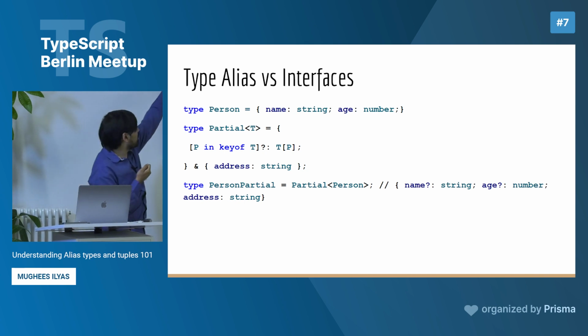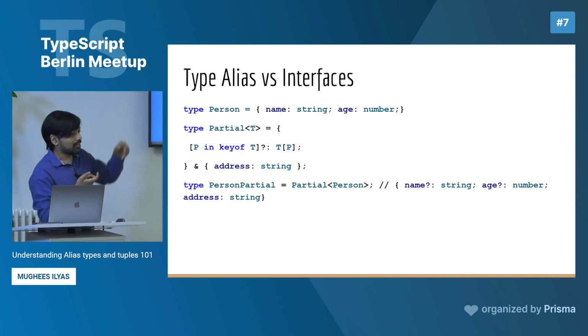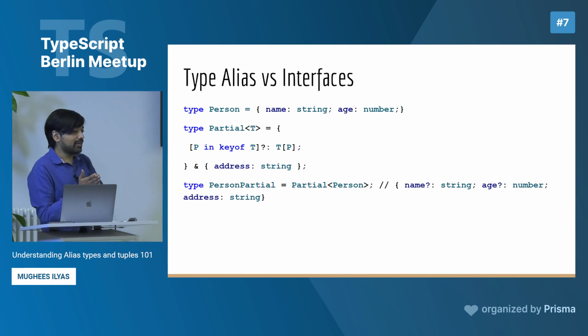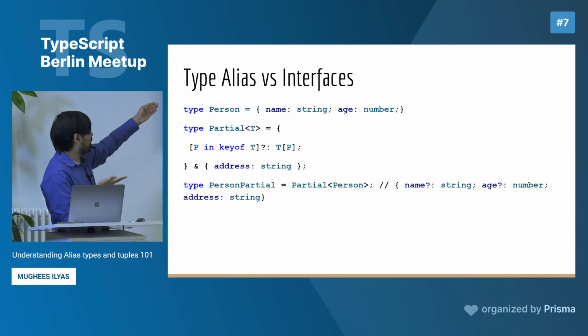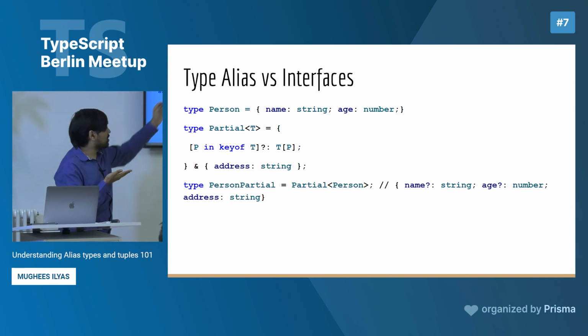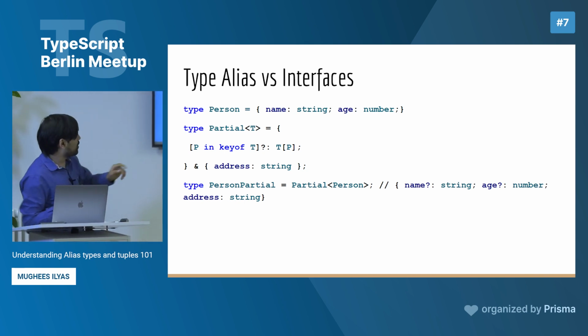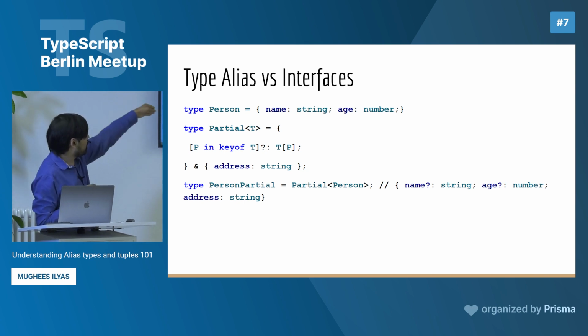What I'm doing here is saying that all the keys in my T are marked optional. Because I'm creating a new type out of my old one, I'm marking all of them as optional and then attaching my address string to it. So potentially it becomes what's in the last one: name and age with a question mark, and address becomes the compulsory one.